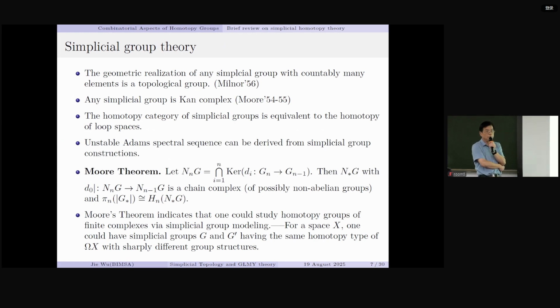You use these faces, which now become group homomorphisms, right? So you take the kernels of the faces, except d0, okay? Except the first one. You take the intersections and the differential is d0, that gives a chain complex, whose homology is exactly the homotopy groups. Here, homotopy group means the homotopy group of the geometric realization of the simplicial group.